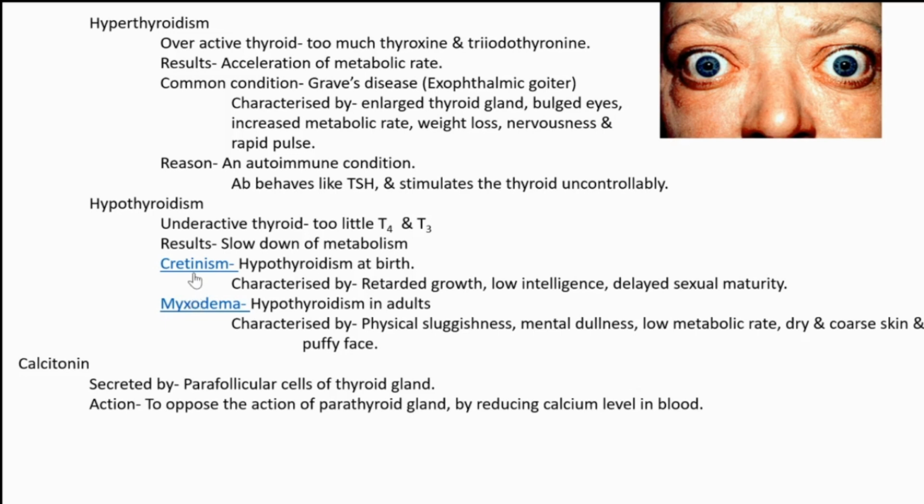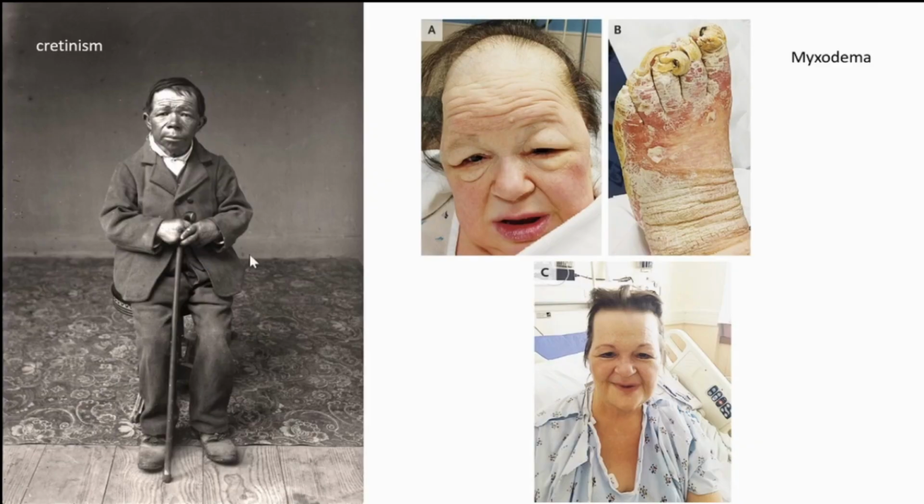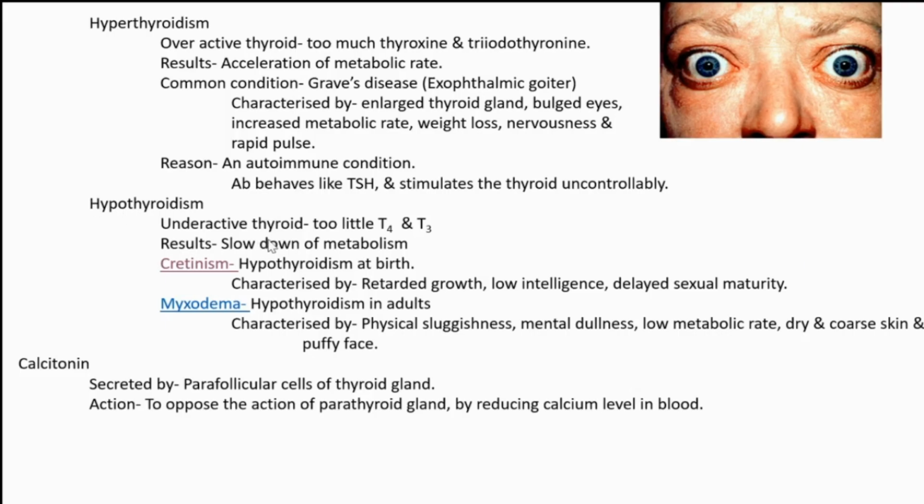Cretinism means hypothyroidism from birth onwards. This image is cretinism. From birth onwards there is deficiency, an inactive thyroid gland, and that may lead to a condition called cretinism. It is characterized by retarded growth, low intelligence, and delayed sexual maturity.